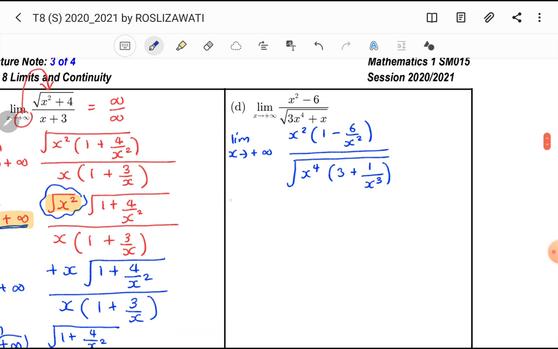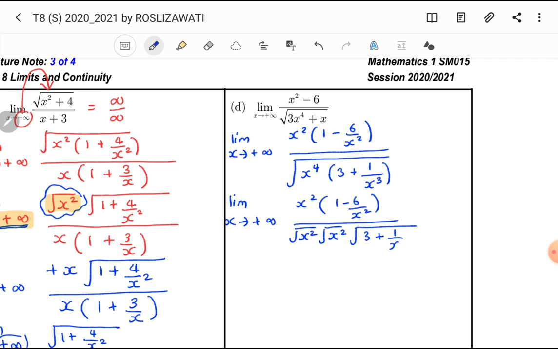So, kita buat macam tadi lah. Limit x approaches positive infinity. x squared, salin je. 1 minus 6 over x squared divide by, okay, yang bawah kita ada square root of x power of 4, and we can write as square root of x squared, square root of x squared, square root of 3 plus 1 over x cubed.